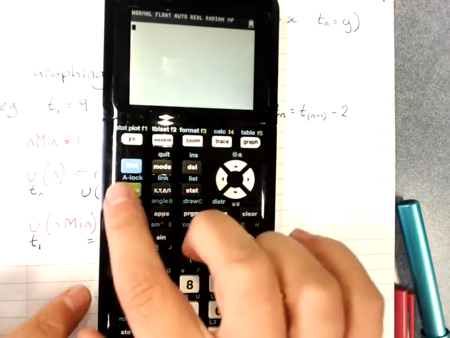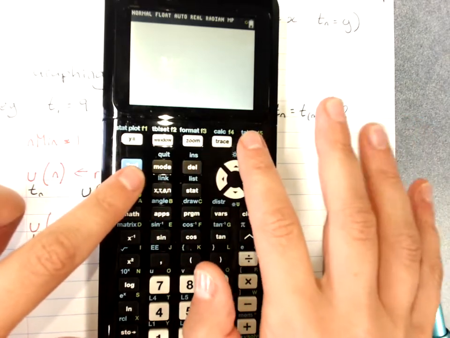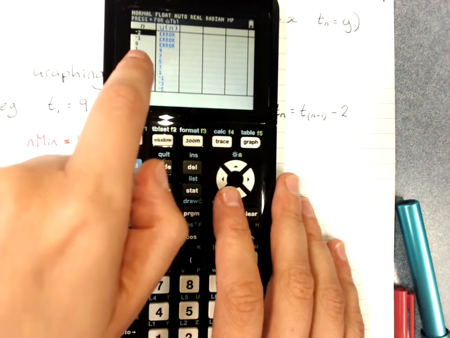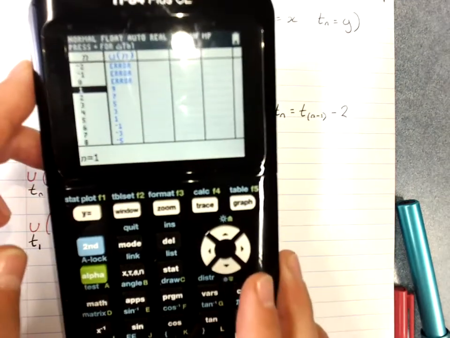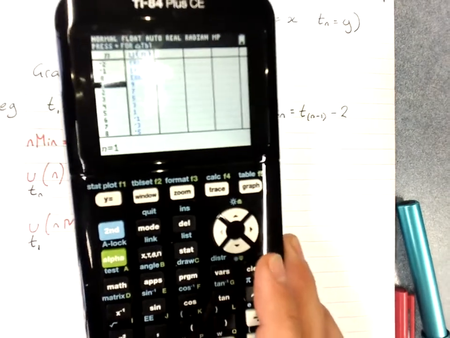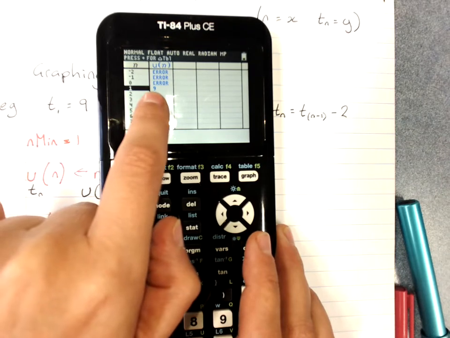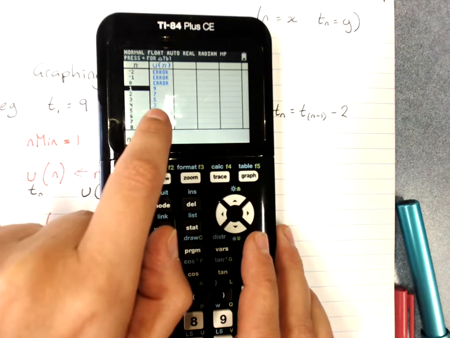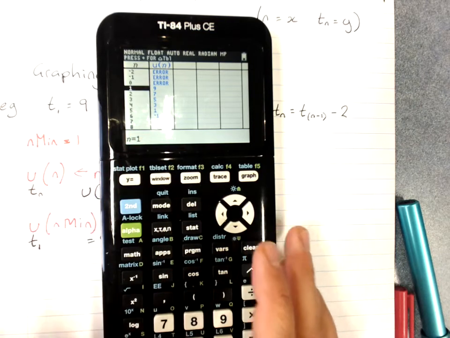Hop out of that and go to second table. You'll get an error when n is smaller than 0, but where n is 1, I've got Tn is 9, 7, 5, 3. This is starting at 9 and taking away 2.